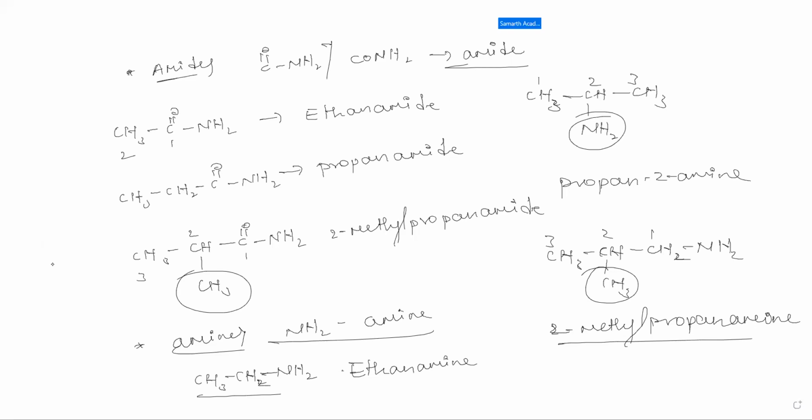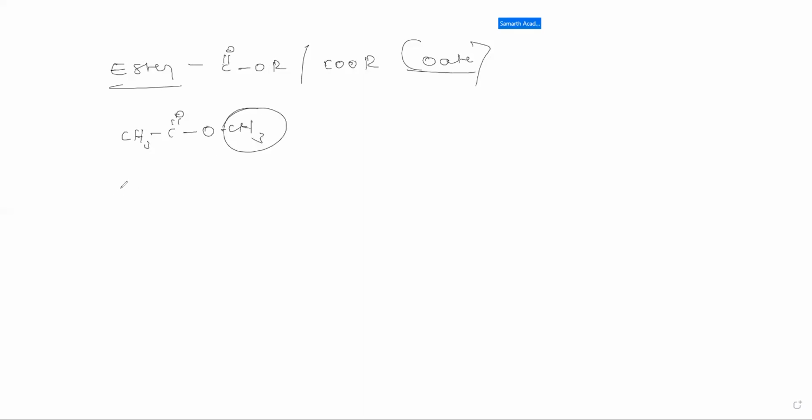And come to the next functional group, esters. Here the functional group is C double bond OOR. You can write it in the form of COOR, and the suffix is oate. So this comes under prefix methyl, 1, 2, that is root word ethanoate.